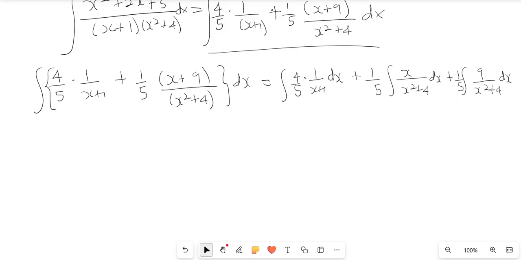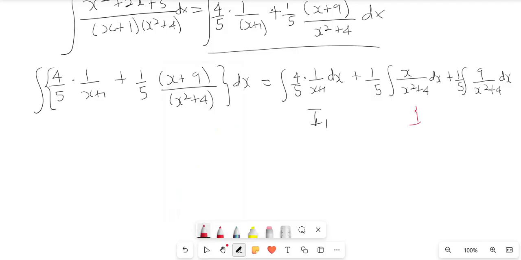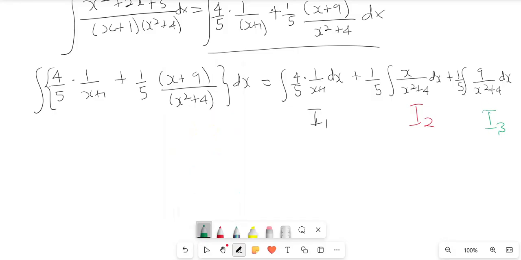You can call the first one I1, call the second one I2, and lastly call the last one I3.